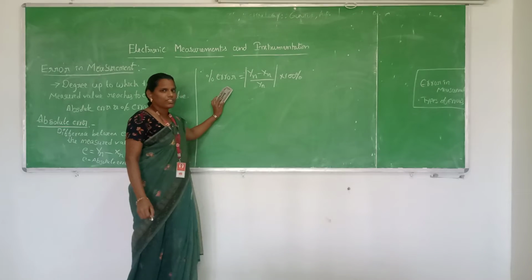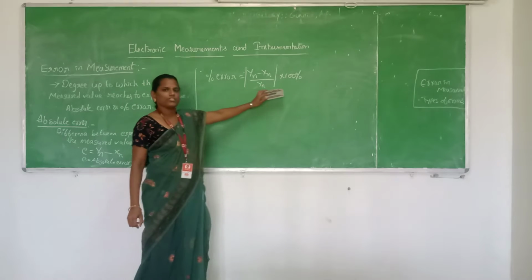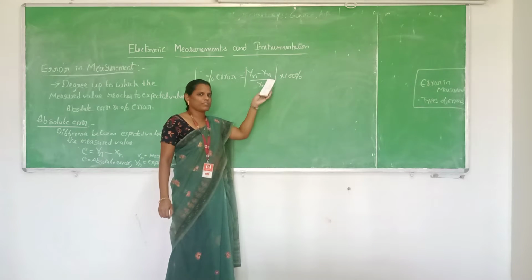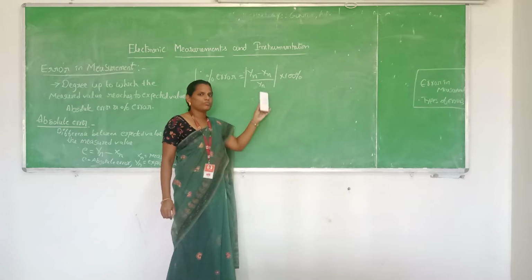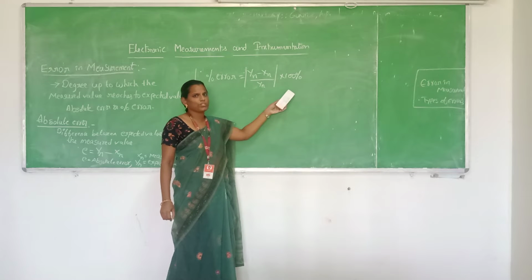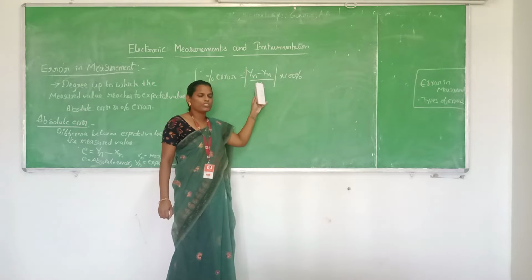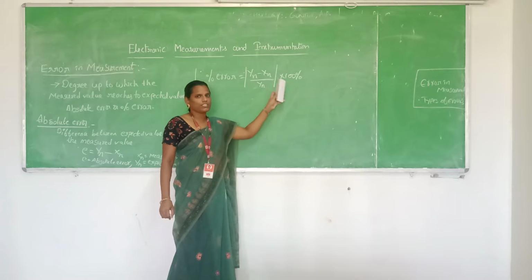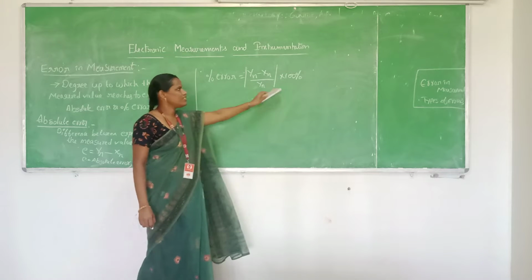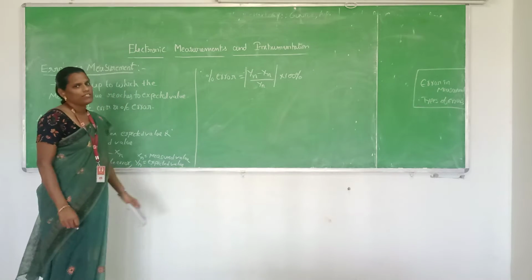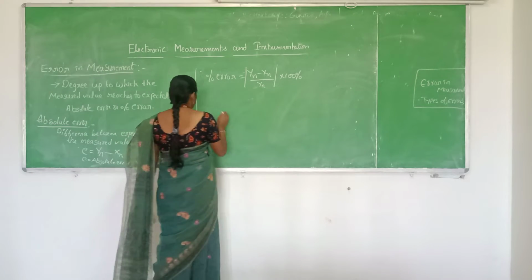Here yn is the expected value and xn is the measured value. I am keeping the modulus symbol because the value may be greater than yn or less than yn. In order to remove this negative sign, I am indicating it in modulus form.